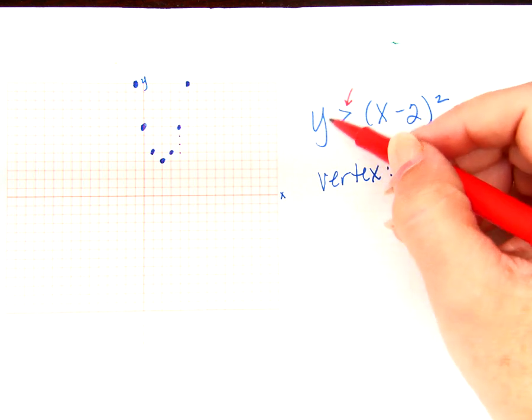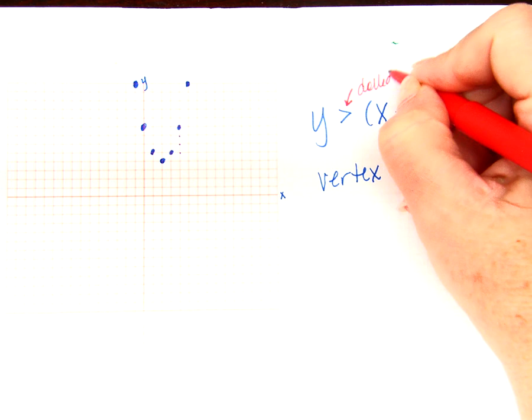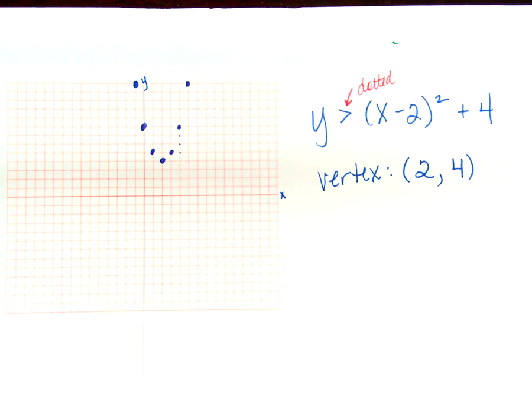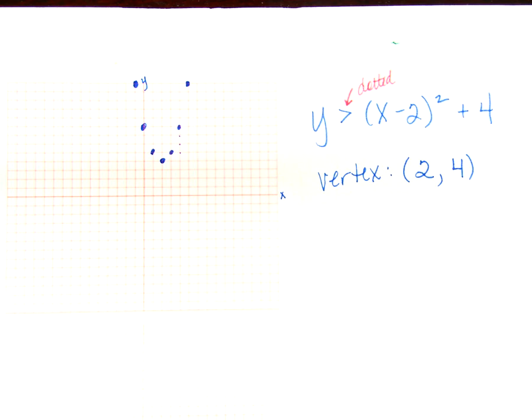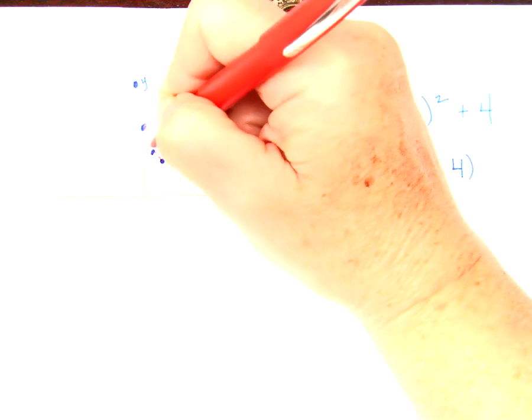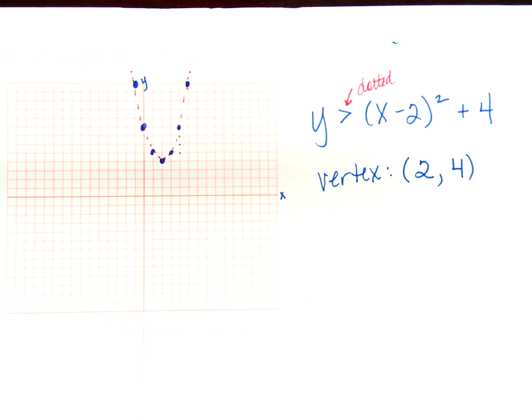Or not this case, but another case. That would be a dotted line. What would make it a solid line? Greater than or equal, less than or equal, right? So this is a dotted line, so I'm going to come over here and make a dotted line. Some people say dashed line. It's okay. Either one is fine. And then I have one more thing I can do before I am finished. And what is that? I have to shade.